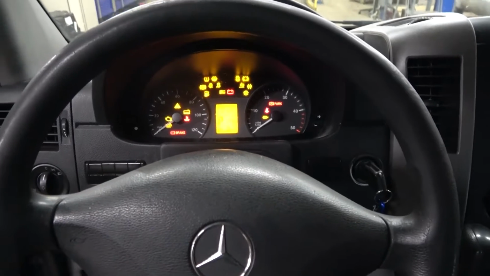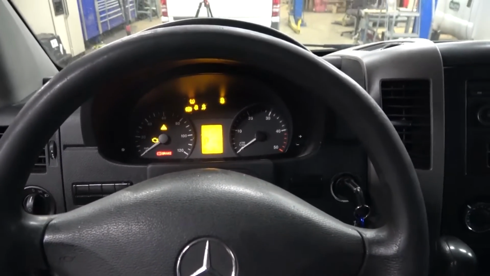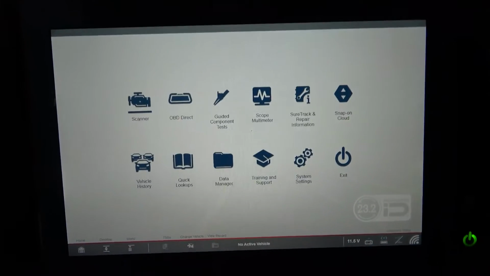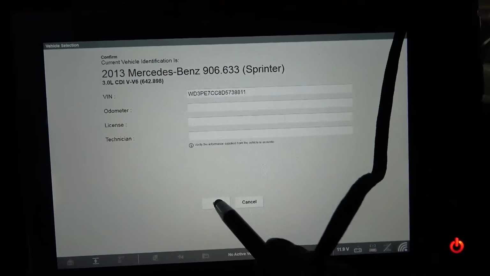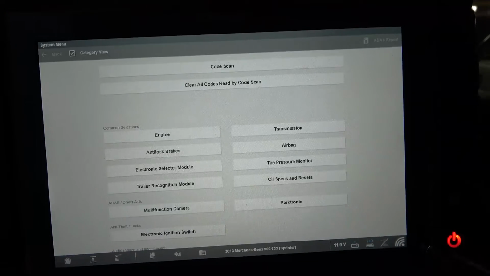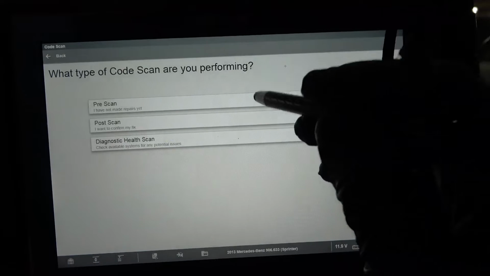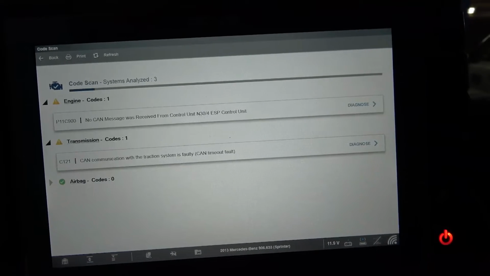Since we are focusing on the ABS system first, let's scan the ABS control unit and see what we got. The scan tool has identified the vehicle. Everything looks good. So let's do a code scan. Let's scan all the control units on the vehicle and see what we got.